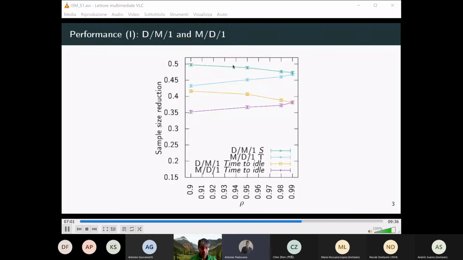This parallel behavior in the two systems lets us hypothesize that perhaps the time to idle lower sample size reduction can be due to the synchronization problem.